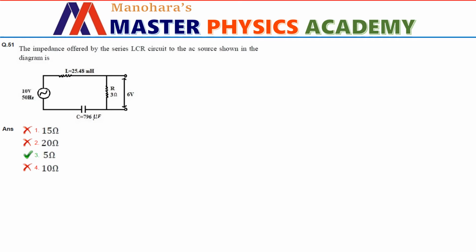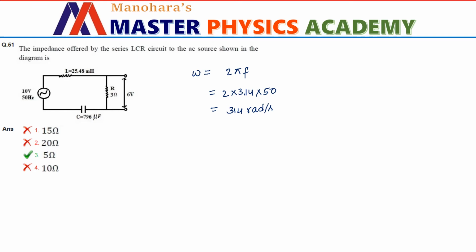Let us calculate the angular frequency first, which is given by 2 pi f. So 2 into 3.14 into 50: 2 into 50 is 100, and 100 times 3.14 is 314 radian per second. This is the angular frequency of the AC source.